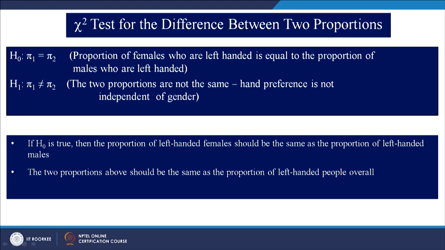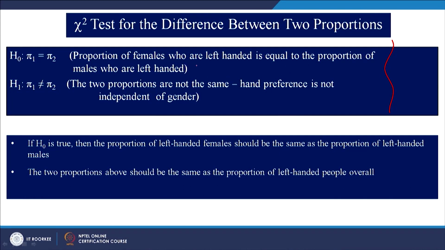So, you will have, let us say, pi 1 and pi 2, or let us say the number of absenteeism in a company amongst males and females are the same. So, you have got, let us say, 15% males absent and 17% females absent. So, we can compare whether these two proportions are the same or not.